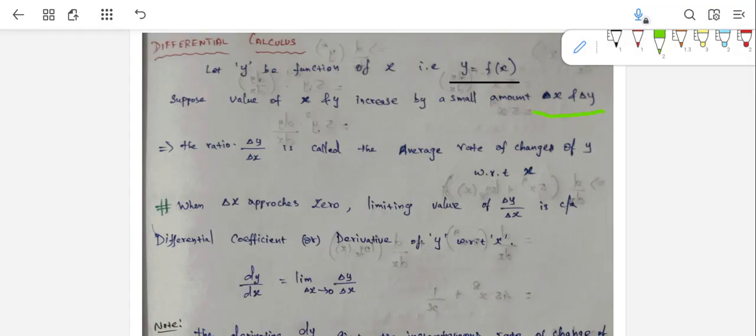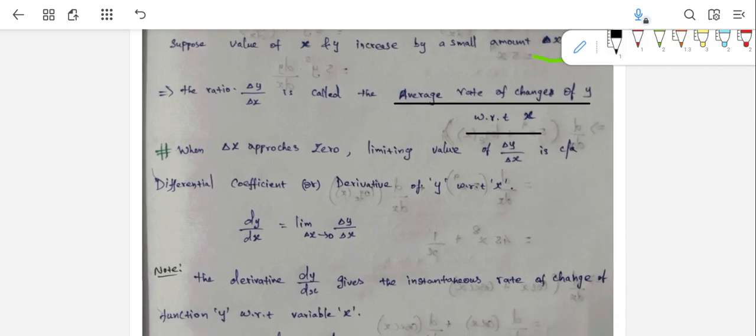Then the ratio of those values, delta y by delta x, we call the average rate of change of y with respect to x.